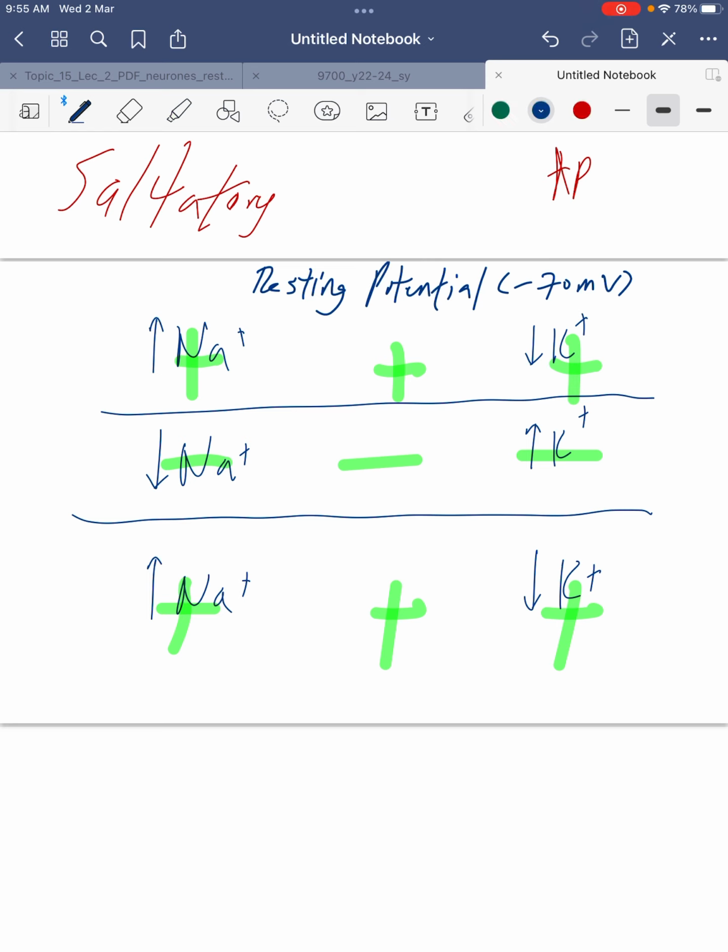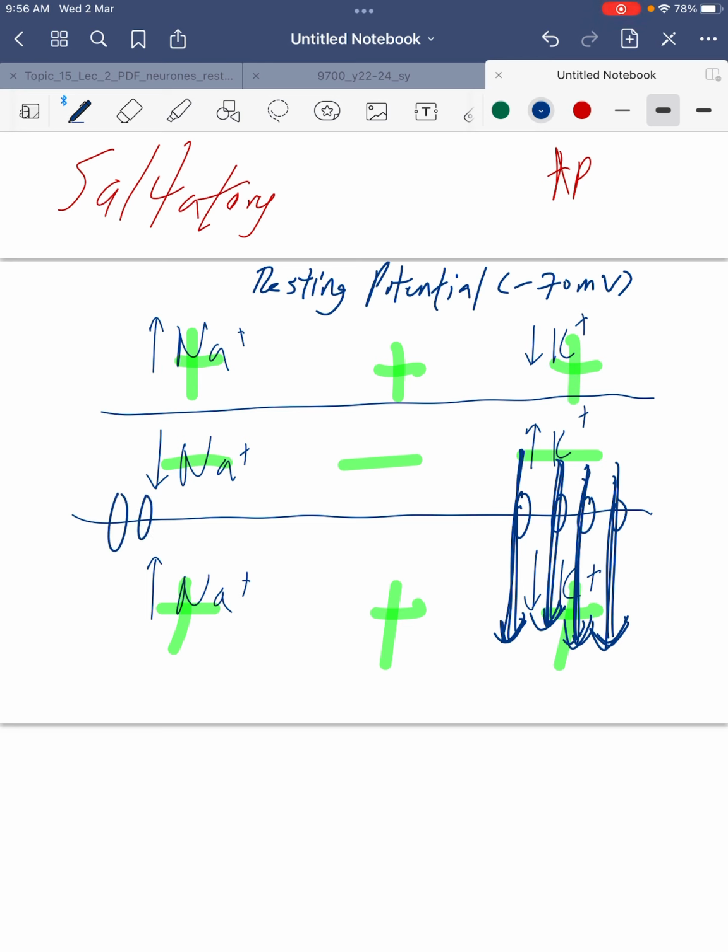Why is this the case? In the resting potential, the potassium ions leave the axon, whereas the sodium ions cannot enter, because the sodium channels are closed.